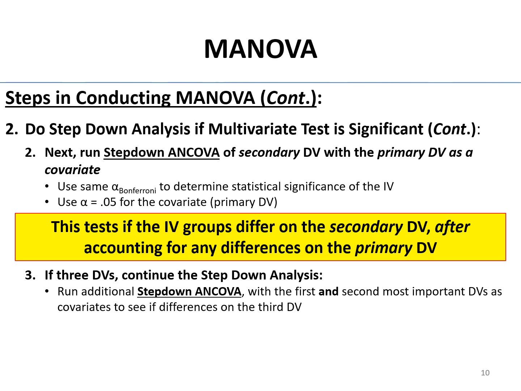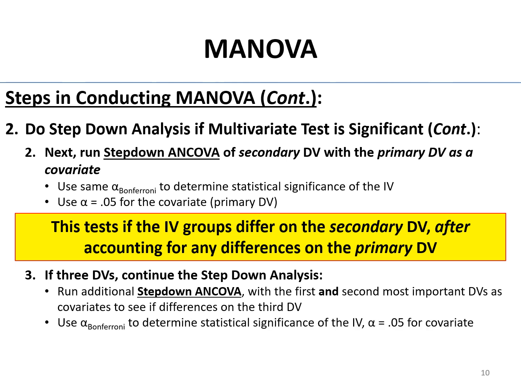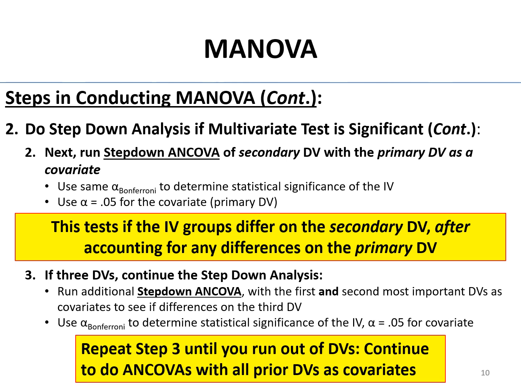And the covariates would be both the first and second DVs. So it would be an ANCOVA of the independent variable's effects on that third dependent variable adjusted for the first 2 dependent variables. Again, alpha Bonferroni to interpret the significance of the IV.